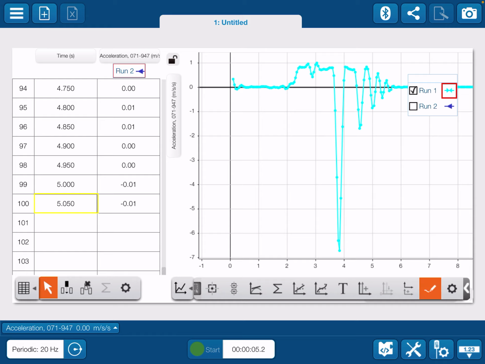Now you have this section here where there is not 0 acceleration, there's a positive acceleration. And why is that? Because the trolley is rolling away from the sensor, so it's accelerating away, so it's a positive acceleration. All right.